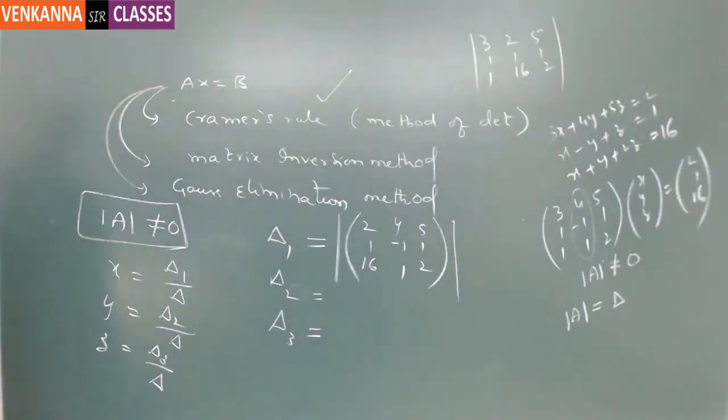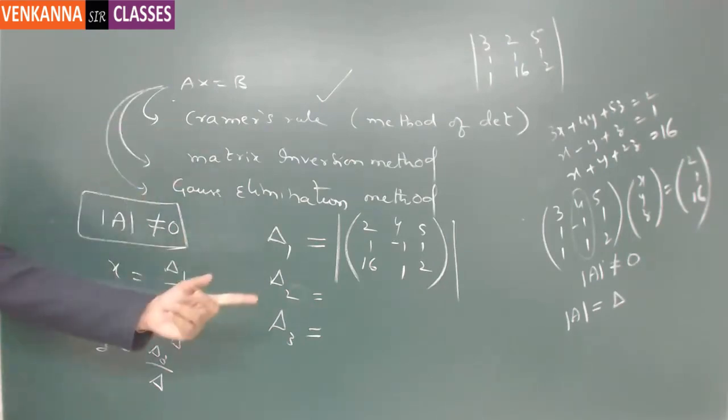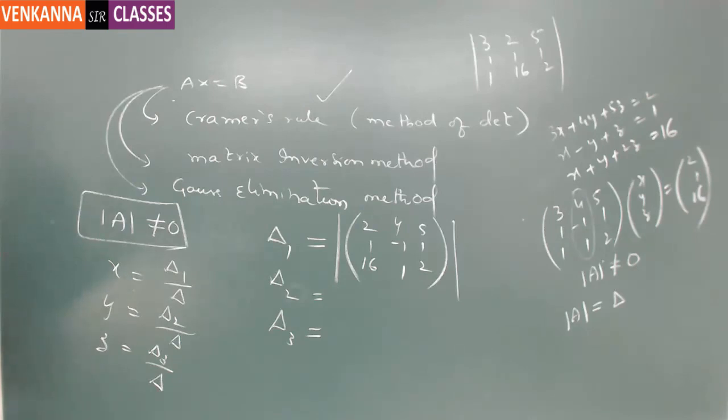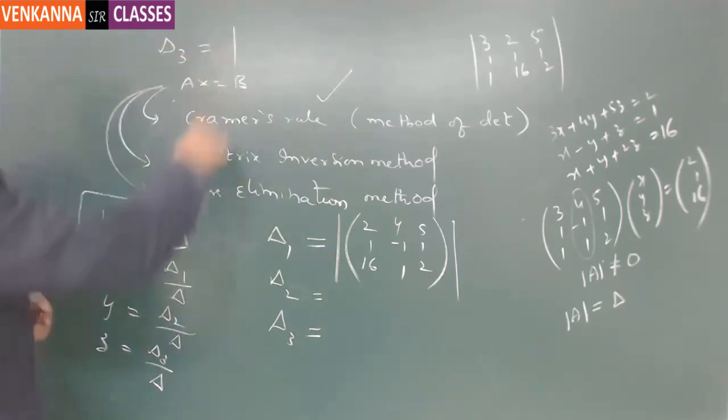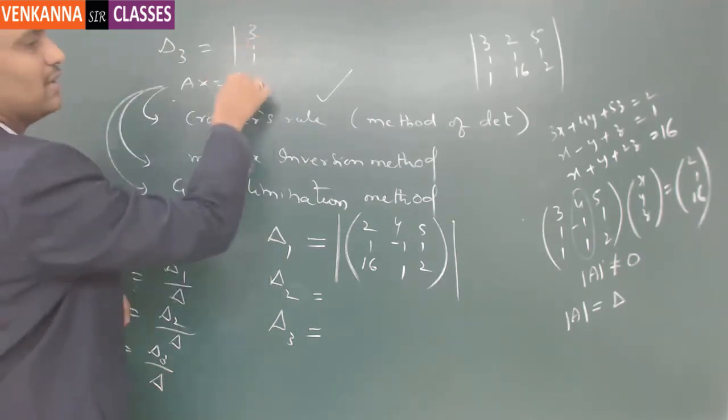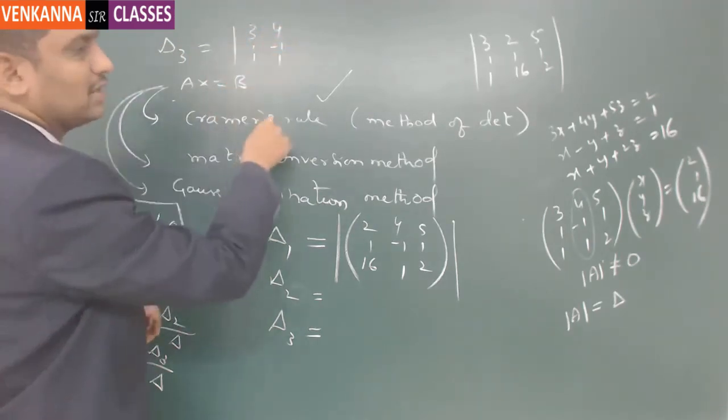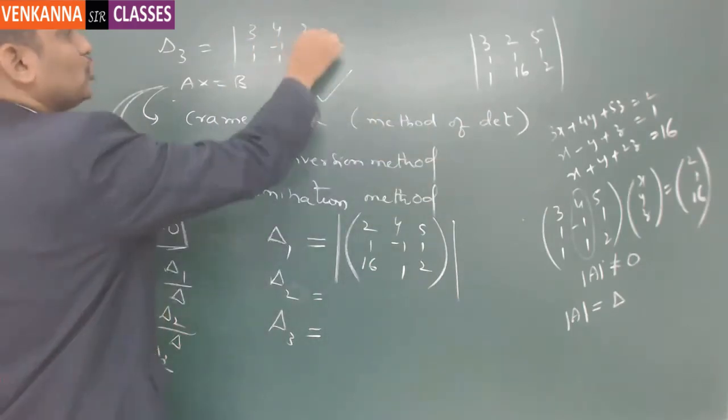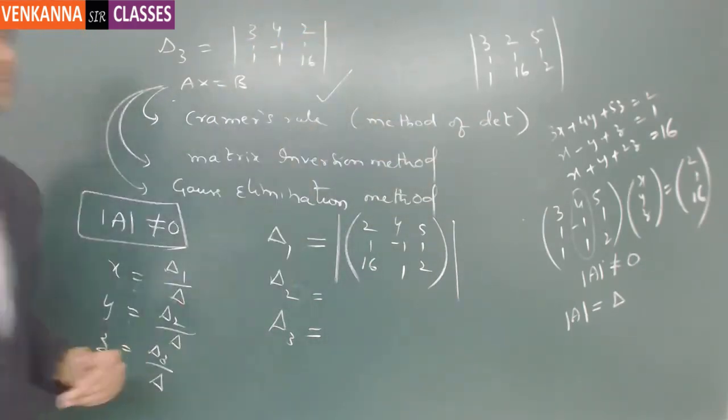Similarly, delta 3 is nothing but third column is replaced with the constraints column. First and second are taken as it is. So delta 3, if you want to write, determinant of 3, 1, 1, 4, minus 1, 1, 5, 1, 2 is replaced with 2, 1, 16, and you evaluate the determinant.